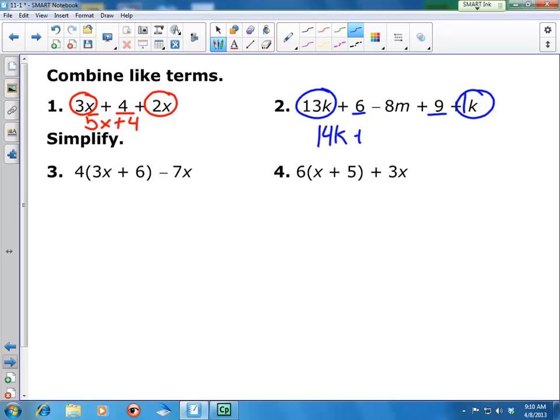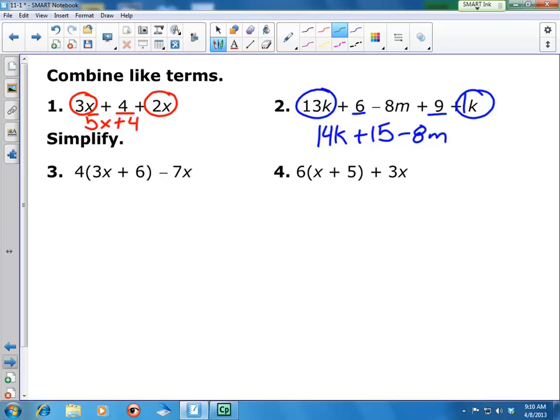Yeah, so we have 14k plus 15 minus 8m, and that's it. That'd be my answer. Now, you could write it in a different order. Like if you wrote 14k minus 8m plus 15, I'd give you credit for it, but this way is perfectly all right.